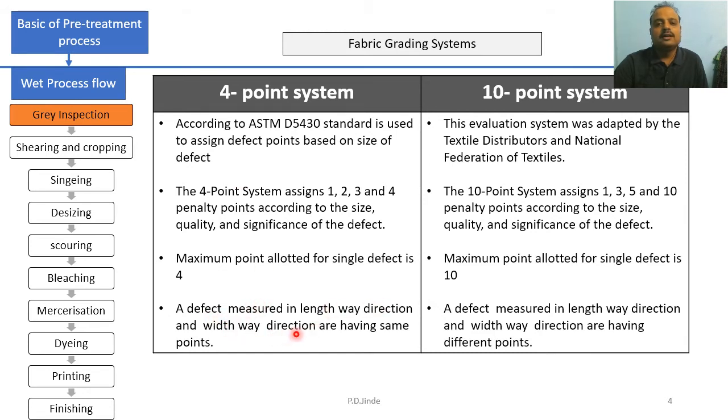If in the 4-point system the defect size is 20 inches lengthway and 20 inches widthway, you allot both defects 4 points. But in the 10-point system, lengthway defects have different points and widthway defects have different points. What I mean, you can understand in the next slide.